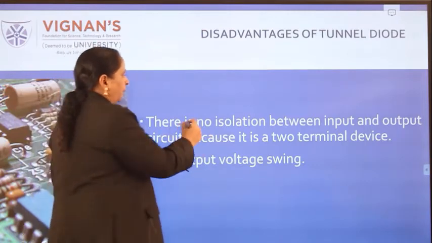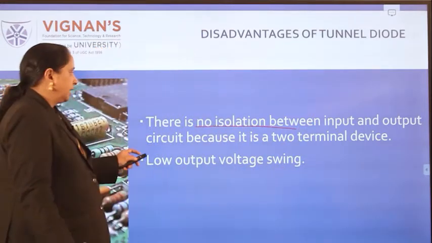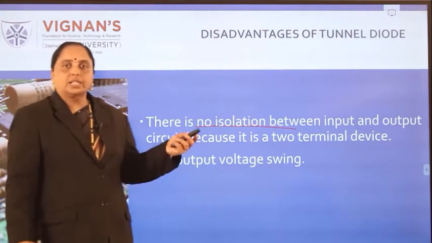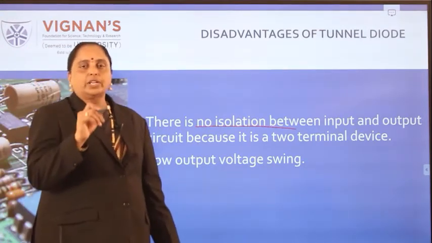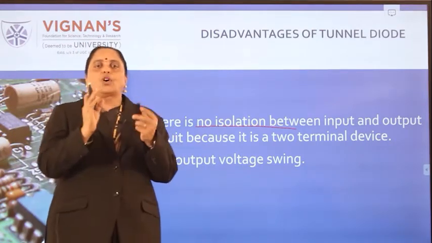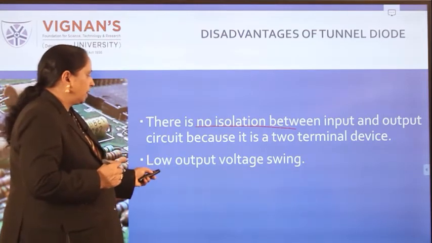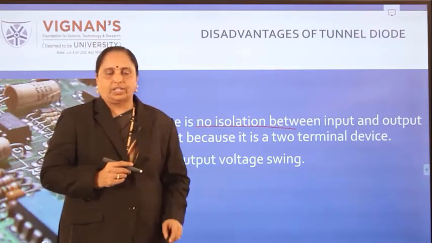That's why the main disadvantage is that there is no proper isolation between input and output circuit, because it is a two-terminal device. That's why we came to the BJT, a three-terminal device, just to control the flow of carriers from one side to the other. The next disadvantage is low output voltage swing.